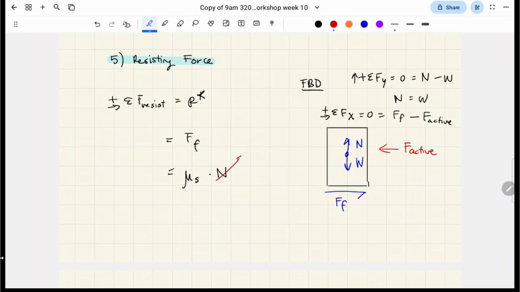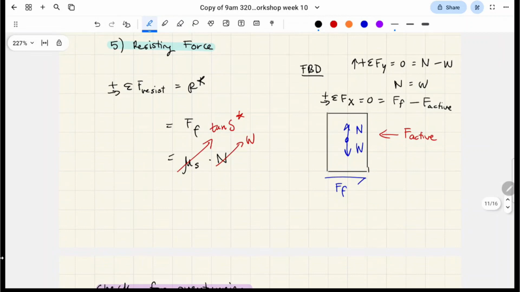But as we discussed, normal force is W, right? And static friction, as I mentioned briefly at the start, in this topic in geotech will just be tan delta star, okay? That's it. So that's our adhesion friction angle, okay?